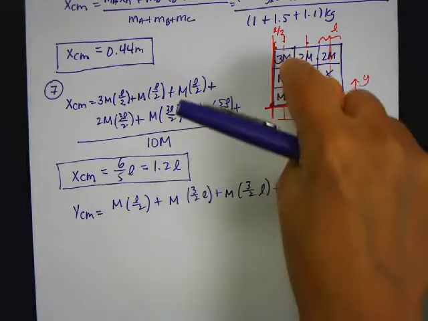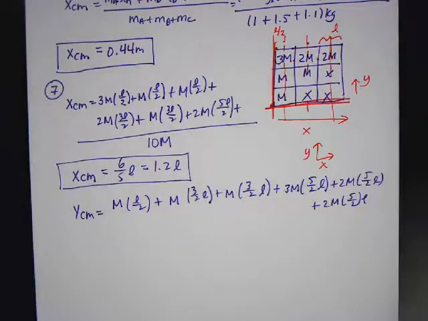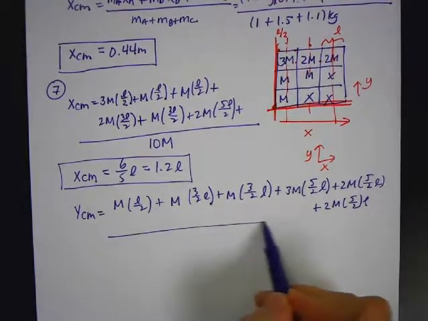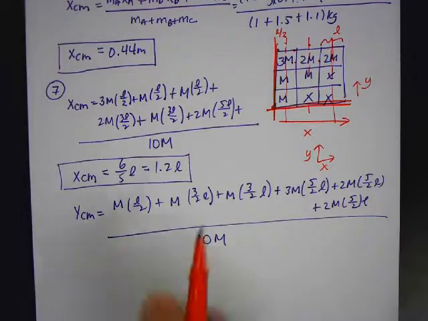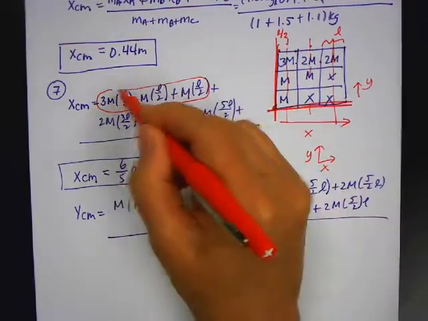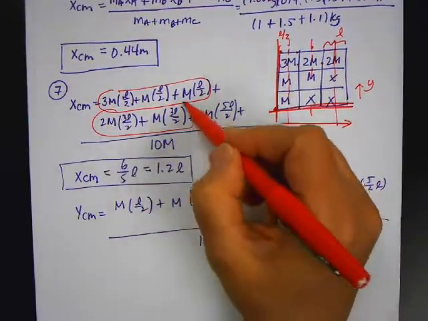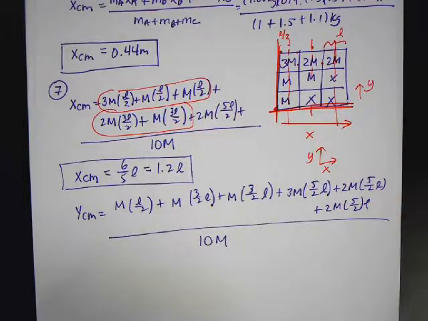So what I'm doing is I'm taking each box times the distance to that point, all over 10m. What I would do mathematically, and that's what I did on the first one, was look at the ones that had this. First I combined these, then I combined these before I then combined them all. You know what I'm saying?